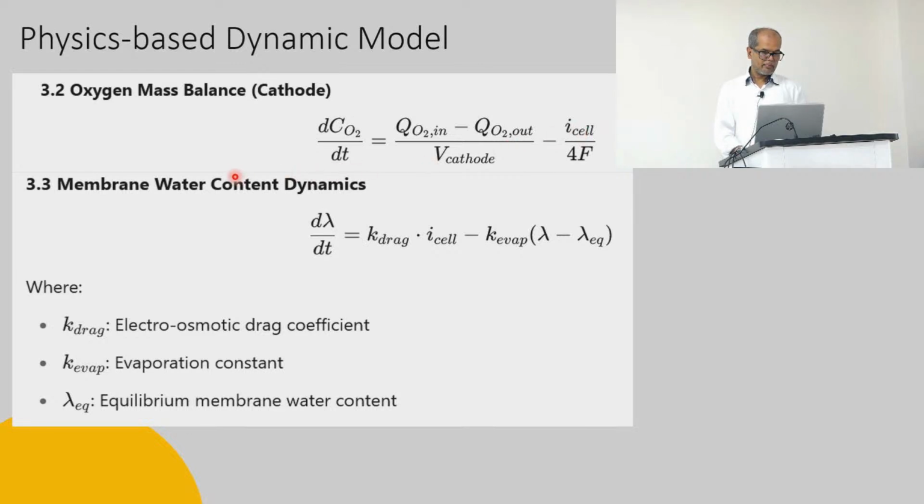And then for membrane water content dynamics, that's given by this equation, where this one is a constant coefficient, this is another constant, and this one is the equilibrium membrane water content. So this we consider constant, but this lambda is variable in the water content dynamics. So we can use that equation to model the water content dynamics.